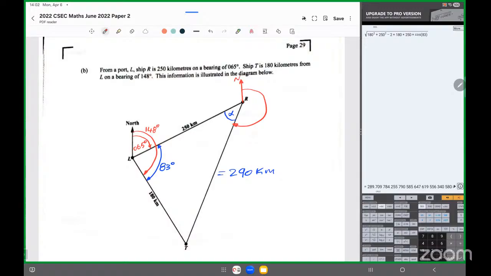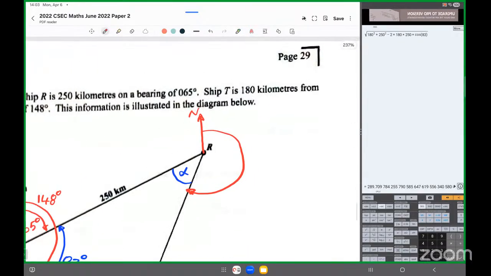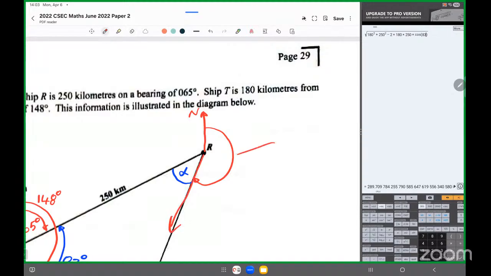That's the angle we want. Now we're going to find that angle. The bearing of this direction is this angle.